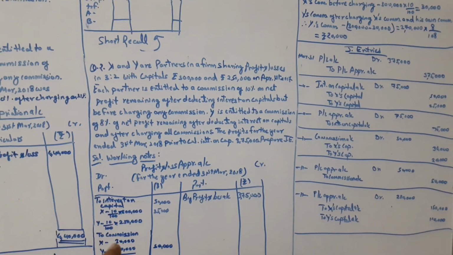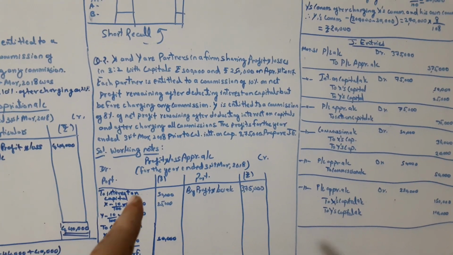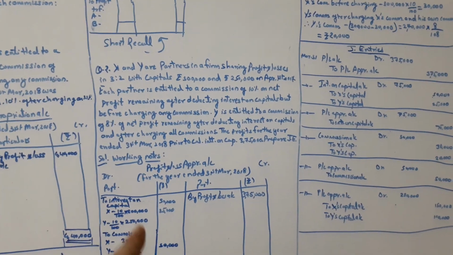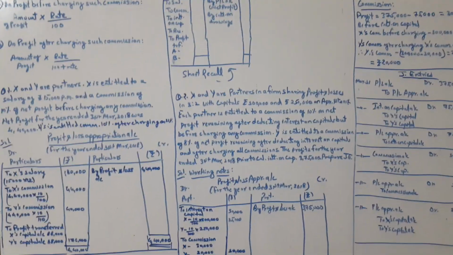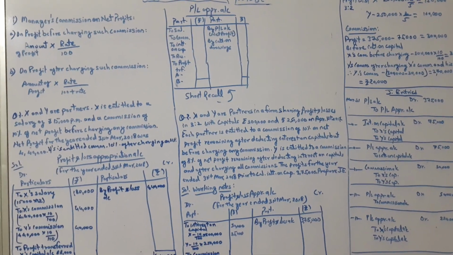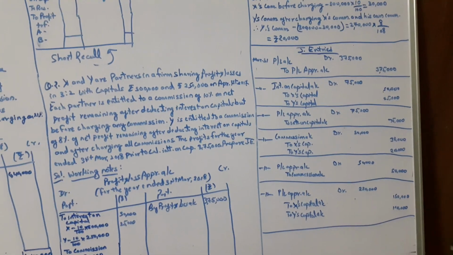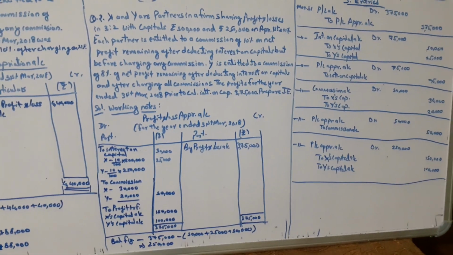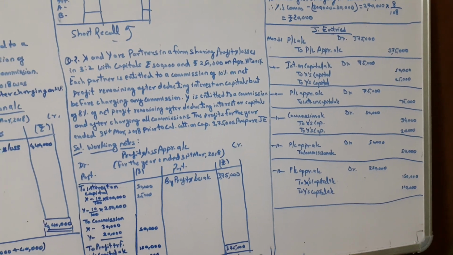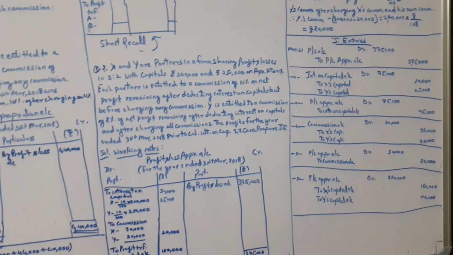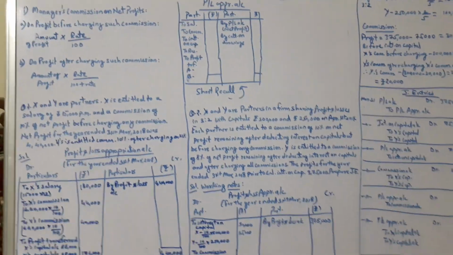Then you see here commission account is on the debit side of the profit and loss appropriation account. So whatever amount is written on the debit side represents that the appropriation account is debited with the amount mentioned. So profit and loss appropriation account debited to commission account, and lastly, the calculation, this transfer of profit is shown. So profit and loss appropriation account debited to X's capital and Y's capital. So this is how the journal entry goes.